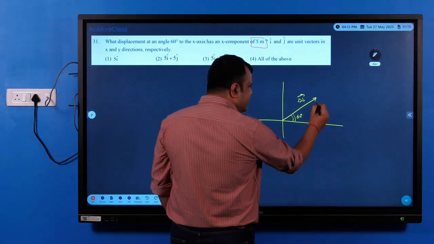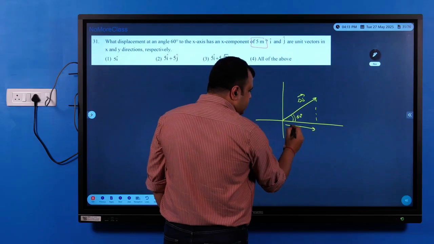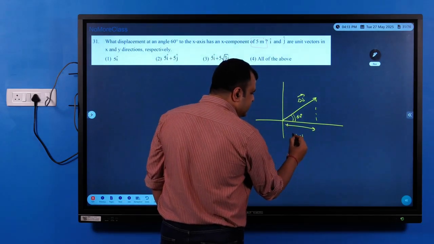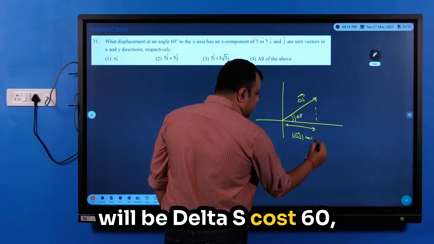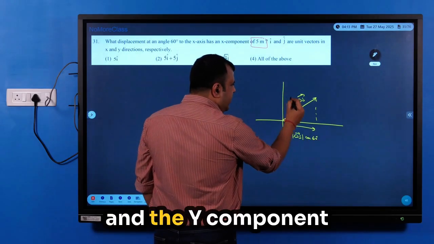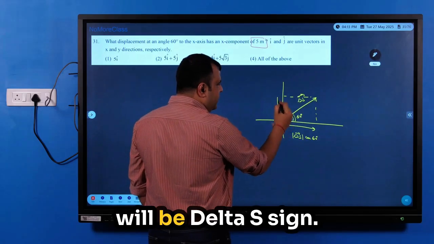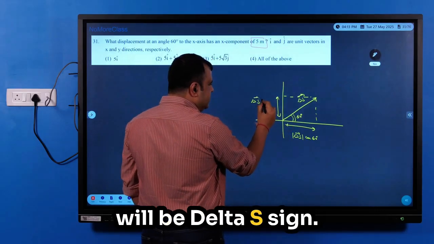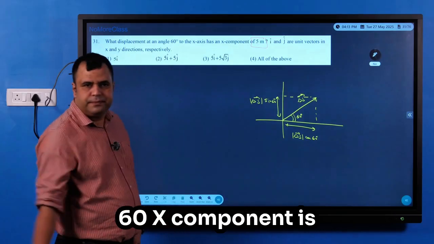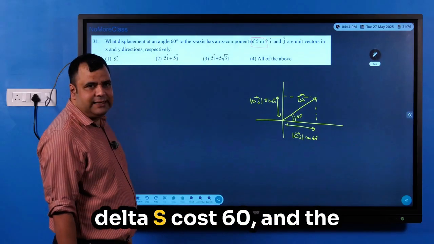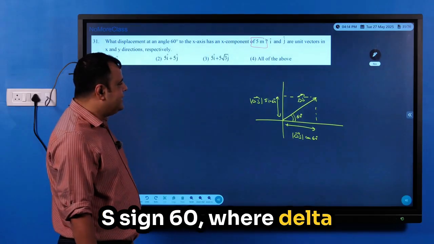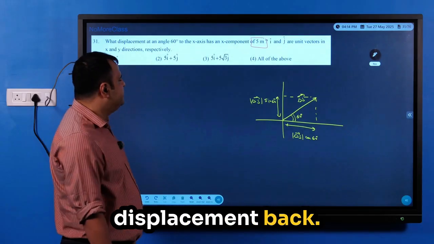Now, if the angle is 60, then the x component of it will be delta s cos 60, and the y component of this displacement will be delta s sin 60, where delta s is the length of this displacement vector.